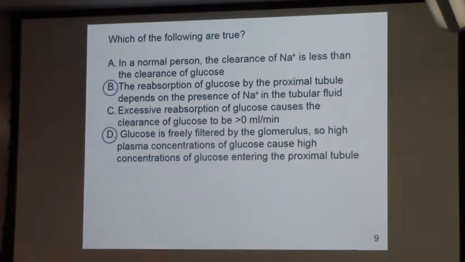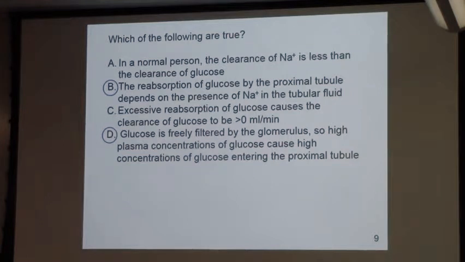So let's see. I think most of you got those. Some of you added C. Now, excessive reabsorption of glucose, what causes the clearance of glucose to be greater than 0 in diabetes is insufficient reabsorption of glucose, not excessive reabsorption of glucose.